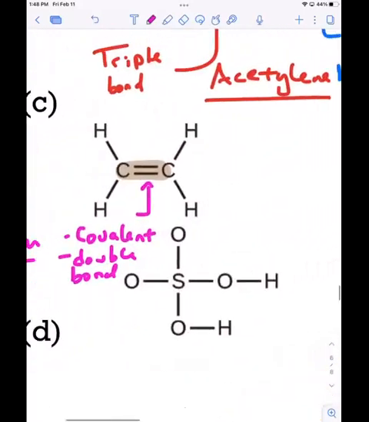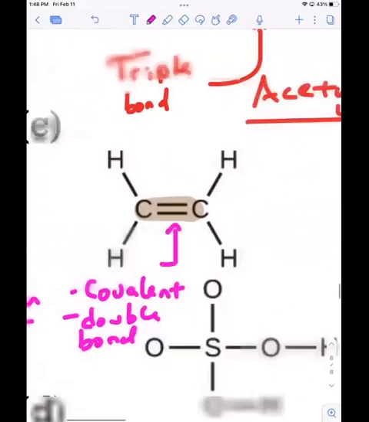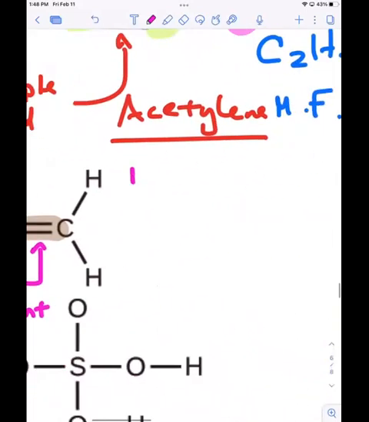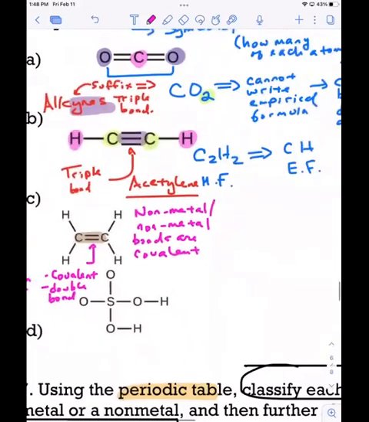And by the same token, bonds between two non-metals are usually covalent. Now those non-metal bonds can be polarized to the point where they are close to being ionic, but it's really rare.